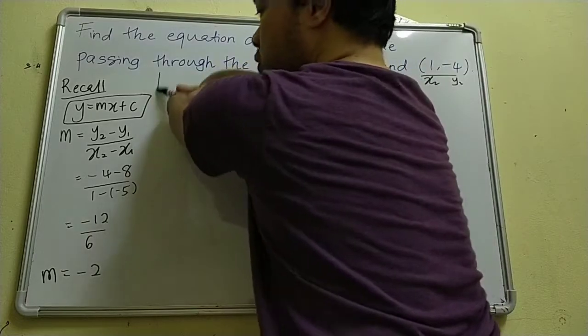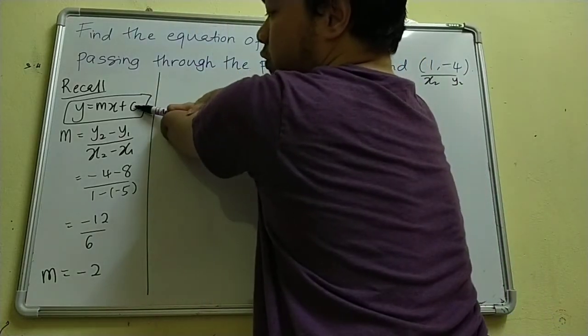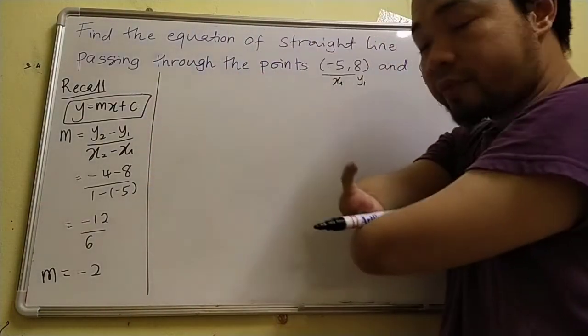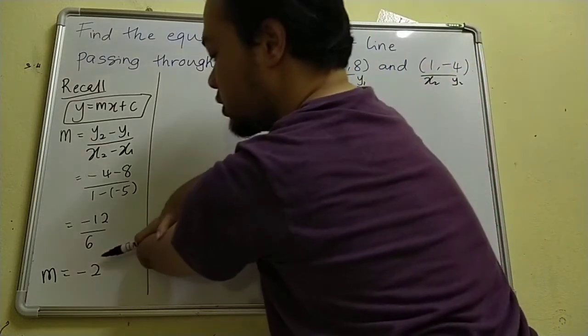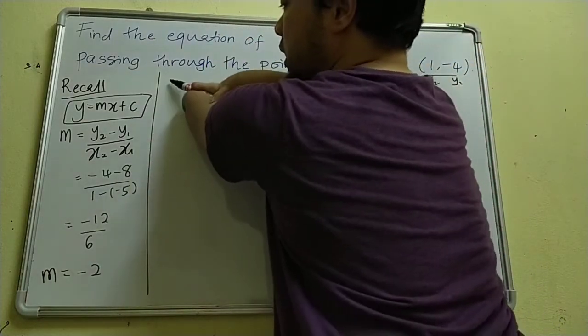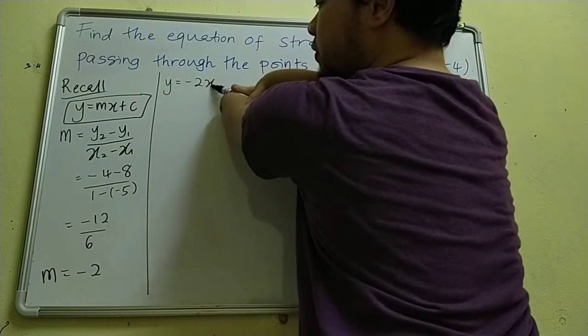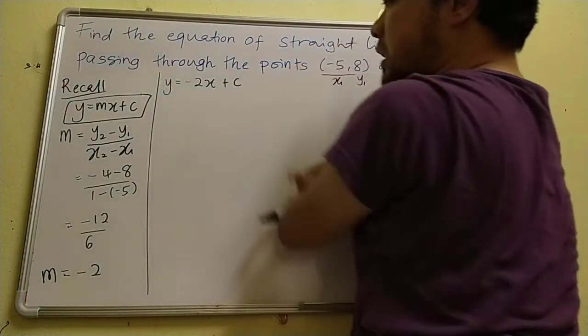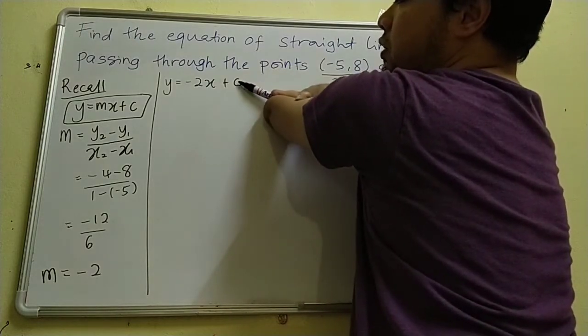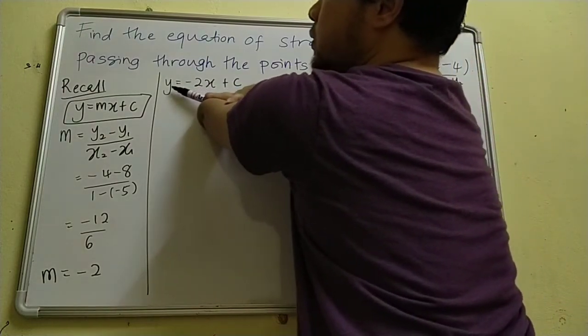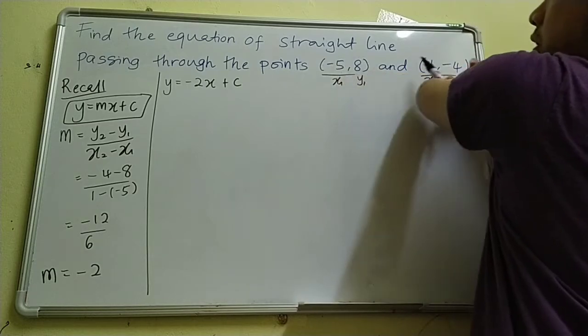Next, you need to find the y-intercept, correct? We substitute -2 back into the equation, so our equation now becomes y = -2x + c. To find the value of the y-intercept, this x and this y represent the coordinates of one of the points.